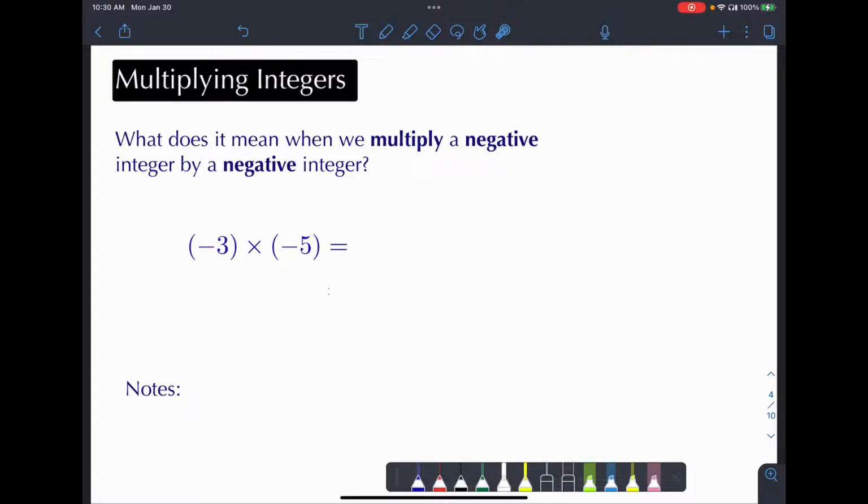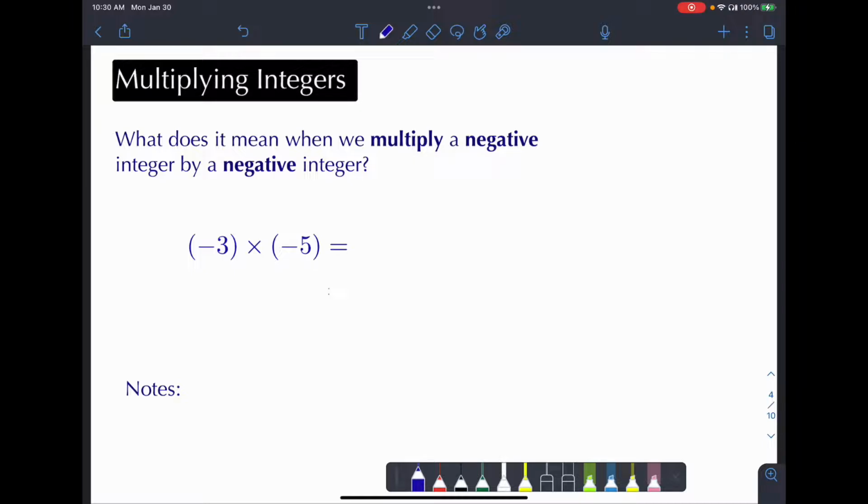What about if we have two negative numbers? What does this mean? So we have negative 3 times negative 5. Now this is slightly different. Remember what this first number represented? This first number represented the number of times we were adding the other number. But since we have a negative, this is the number of times we're going to subtract. So what does that mean?